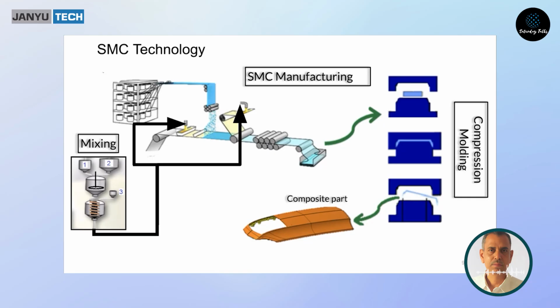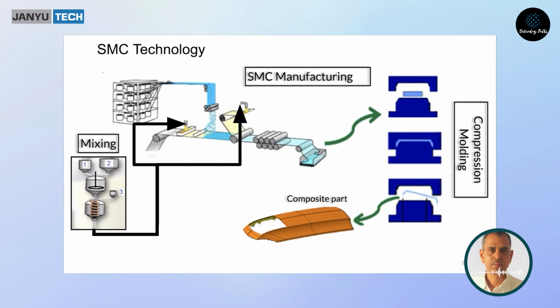We know that composite polymers, by nature, are insulative materials, having surface resistivity greater than 10 to the power 12 range and volume resistivity in the 10 to the power 14 range. But they can also be made conductive.